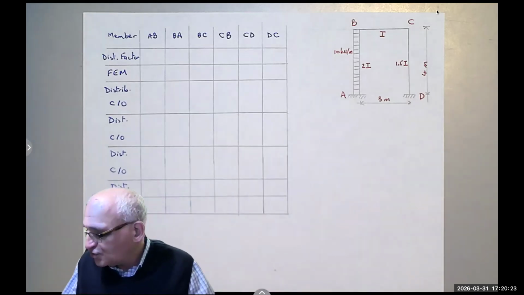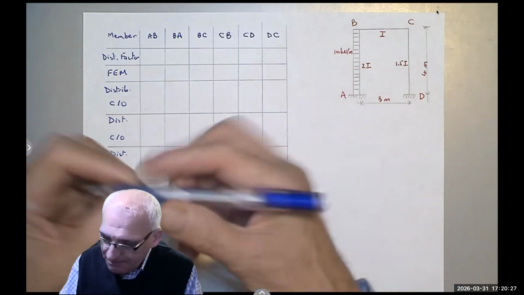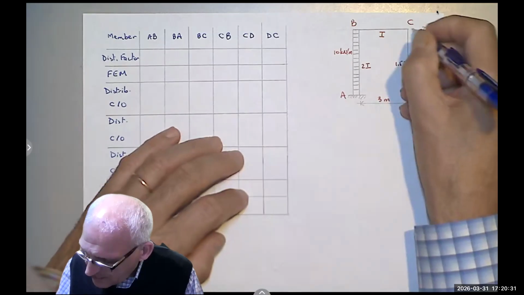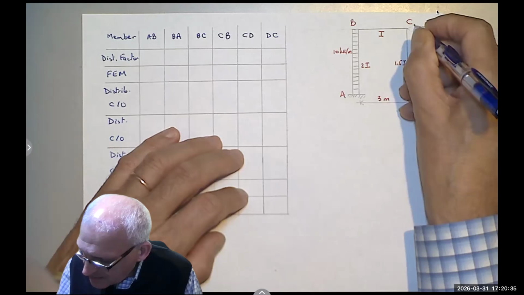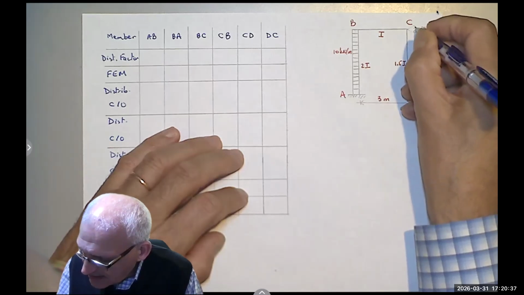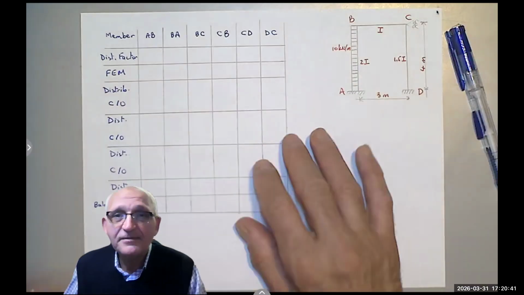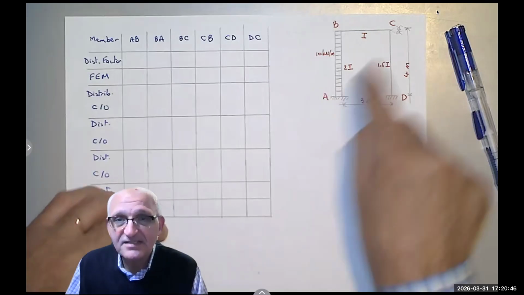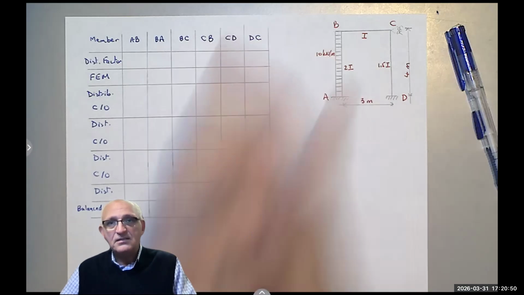So what if I add a pin or a roller, it doesn't matter, right here, like a fictitious support? Let's say a fictitious roller here. That would prevent the sway. So I'm going to solve for the moments, assuming I have an extra pin, okay?